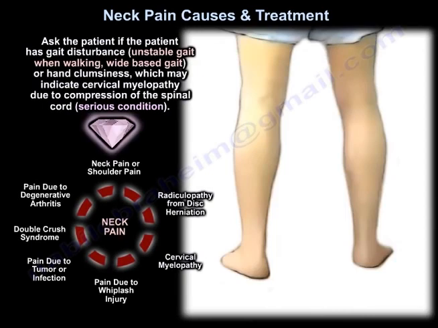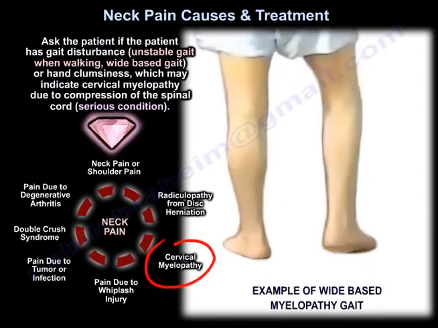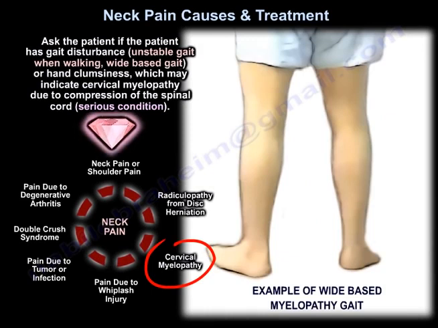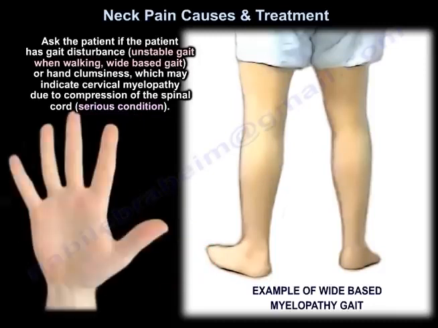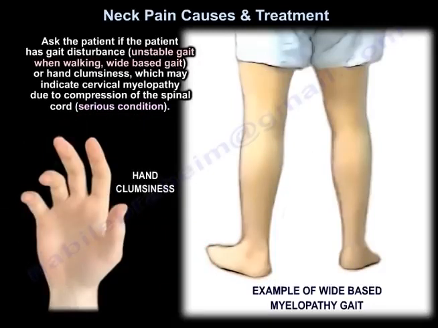Ask the patient if the patient has gait disturbance, unstable gait when walking, wide-based gait, or hand clumsiness. It may indicate cervical myelopathy due to compression of the spinal cord, which is a serious condition.